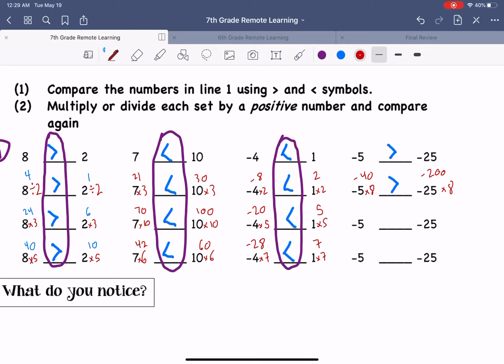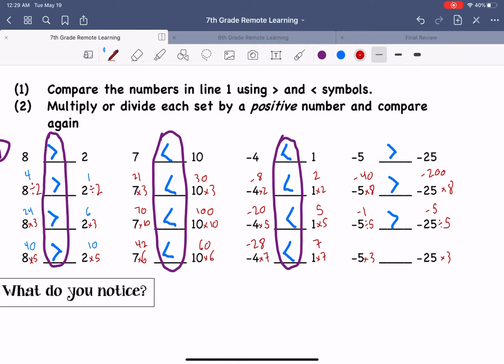Let's try division. We can divide with this one. Let's divide by 5 on both sides. Over here we'll get negative 1, and over here we'll get negative 5. Now let's compare. Negative 1 is greater than negative 5. Let's try one more multiplication. Let's just multiply by 3.